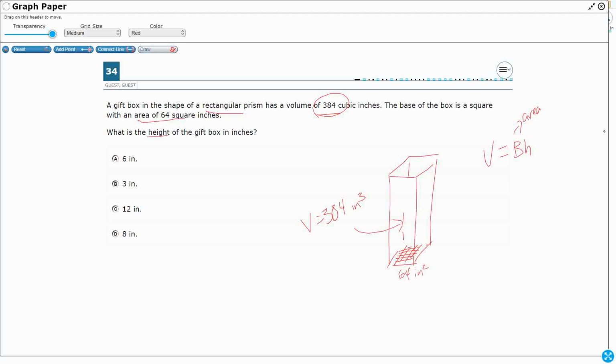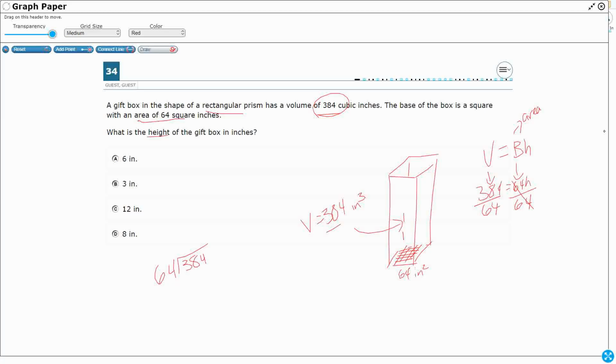Well, if volume equals base times height, I'm going to substitute in my 384 for my volume and my 64 for my base. Just looking for the height, I need to isolate that variable. Let's use the properties of operations here. Divide both sides by 64. That will give me h by itself. So how many 64s can I put into 384?